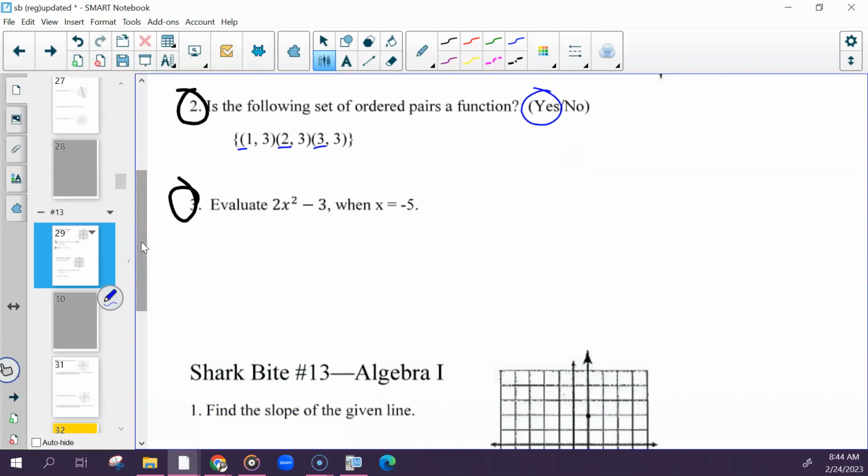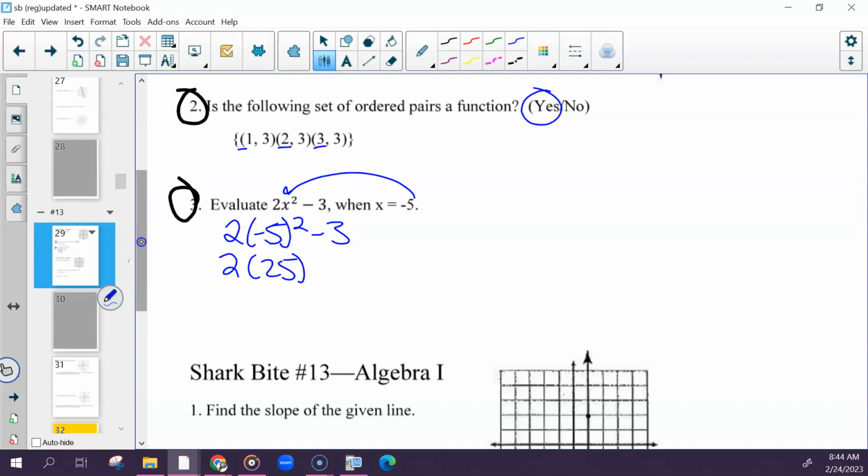For number 3, evaluate. You're taking whatever it equals and substituting it for all the variables. So x equals -5. You're going to put that in for x, and then simplify. Be careful if you're doing this by hand that you make the -5 have parentheses and put the square on the outside.